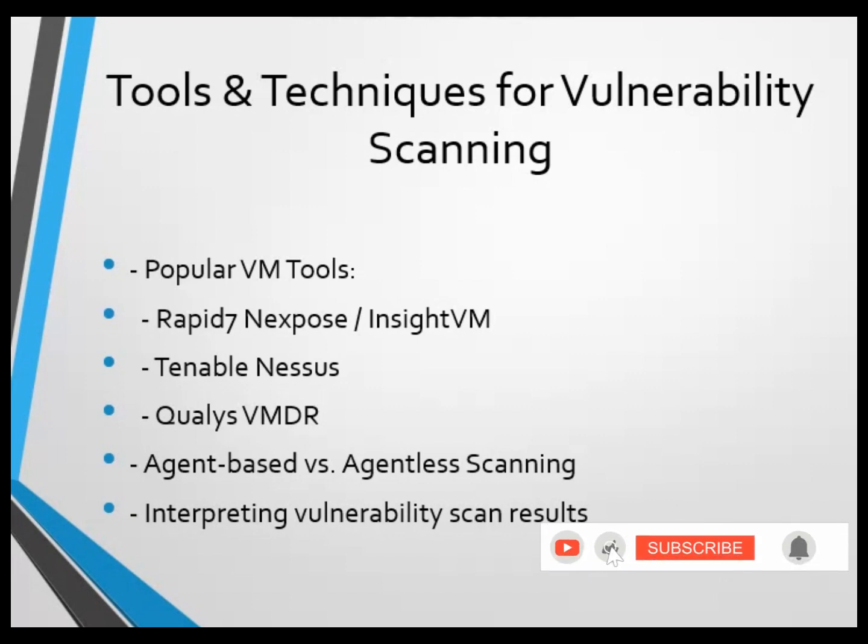Some of the most widely used tools include Rapid7 Nexpose, Tenable Nessus, and Qualys VMDR. These tools conduct scans in 2 ways: agent-based scanning, where small software agents are installed on endpoints, and agentless scanning, which scans remotely. Understanding how to interpret scan results, such as severity ratings and remediation suggestions, is crucial for prioritizing vulnerabilities effectively.